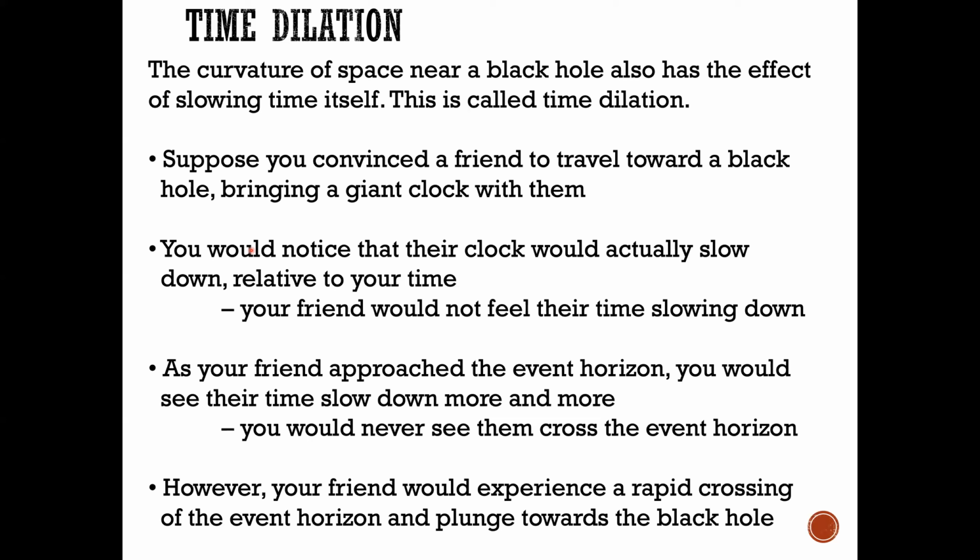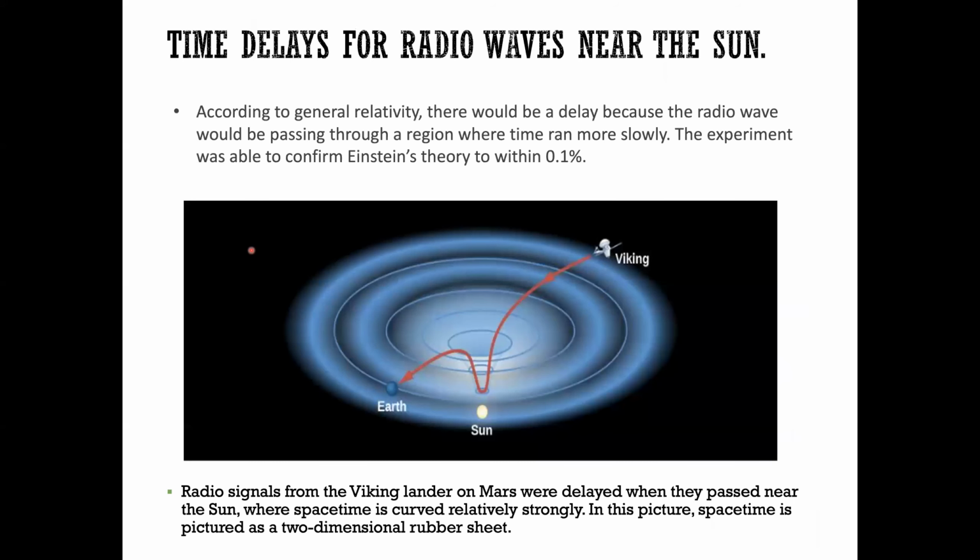However, you would never see them cross the event horizon, because the time gets slower and slower. Your friend, on the other hand, would experience a rapid crossing through the event horizon and then plunge towards the black hole. He will feel that he just crossed the event horizon, but you will never see it, because the time gets slowed down.